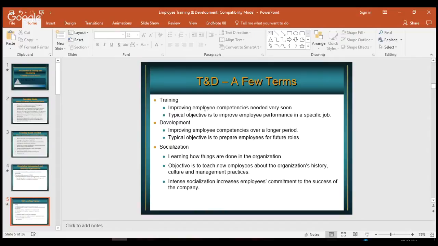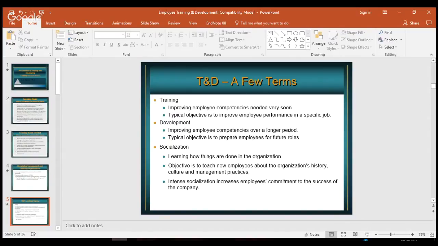Training is improving employee competencies needed very soon. These are shorter term, when we differentiate training from development. Training is more an immediate need, it's short term, within the near future. Typical objective is to improve employee performance in a specific job.